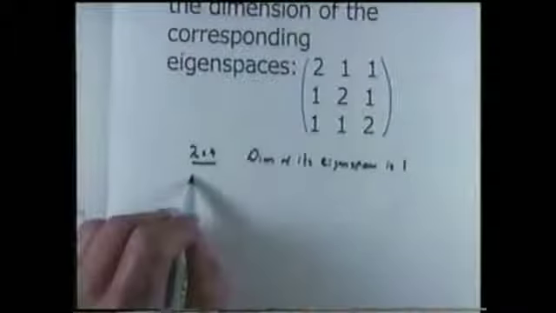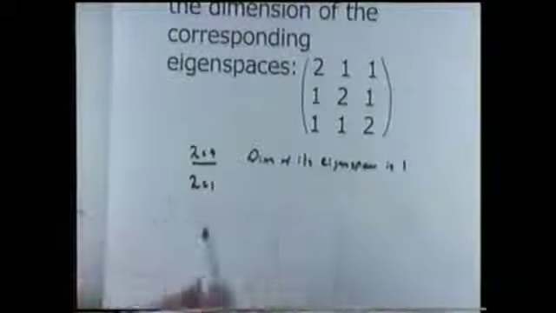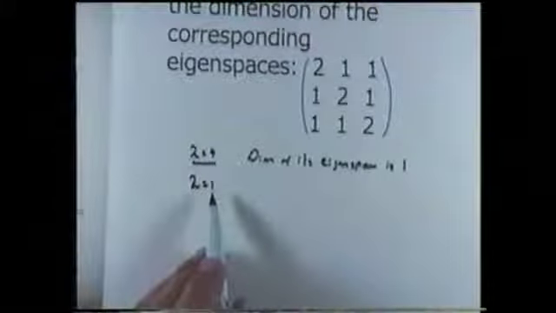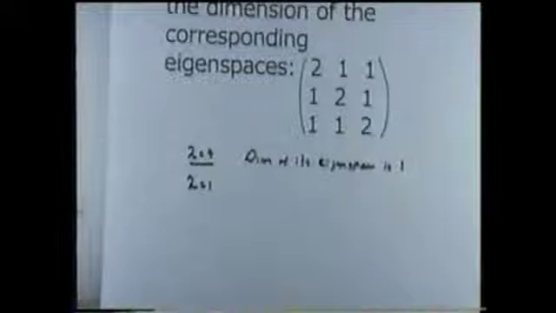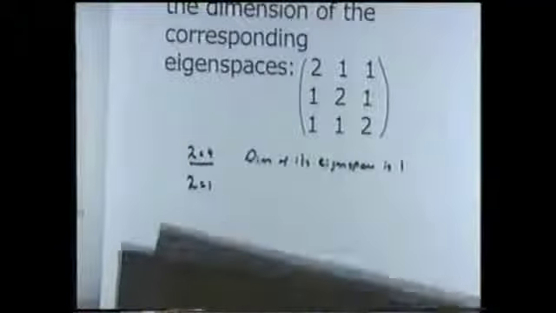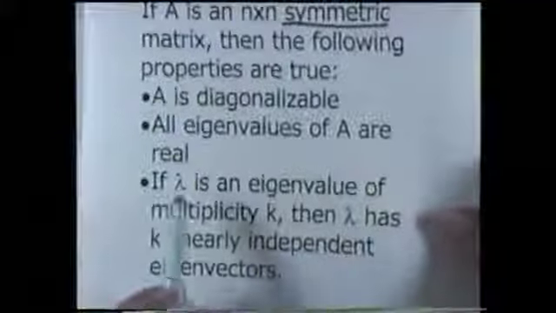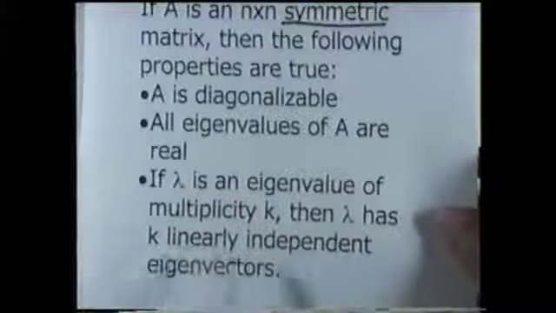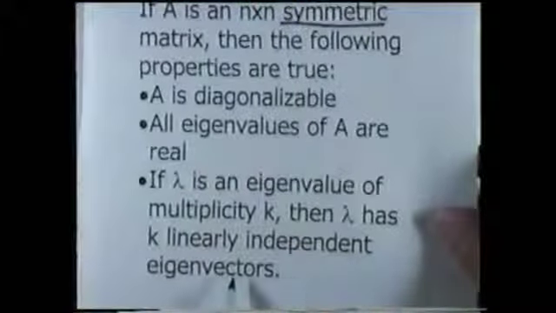We also got that lambda equal to 1 was an eigenvalue, and due to the real spectral theorem, I know that the dimension of its eigenspace is 2. If lambda is an eigenvalue of multiplicity k, then lambda has k linearly independent eigenvectors.